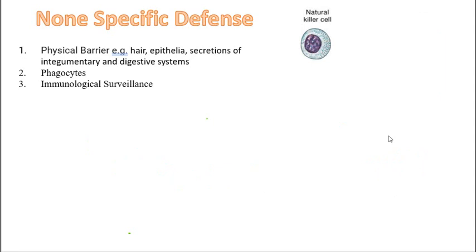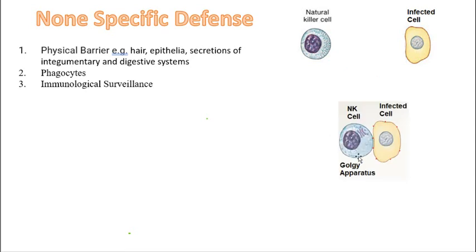Natural killer cells, that's the immunological surveillance. That's the third type of non-specific defense. So natural killer cells basically go around and look for cells. So let's say that this is an infected cell and this is the natural killer cell. When it finds an infected cell, it will move close to the infected cell, and as it moves close, you're going to see that the Golgi apparatus over here is going to move toward the infected cell.